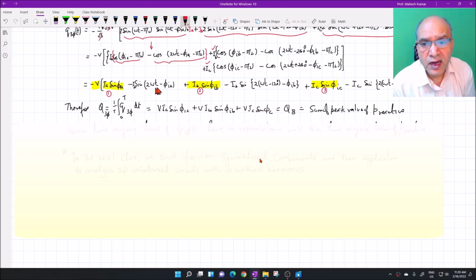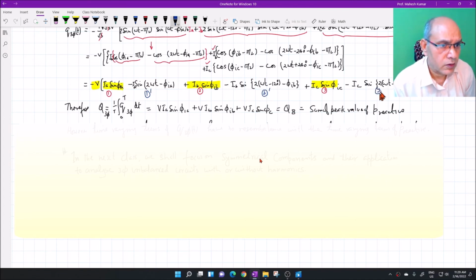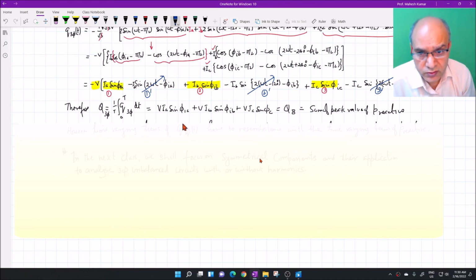The remaining are time varying terms, 1 dash, 2 dash and 3 dash. If we take the average value of this term, then these terms will go away because the average value of these components will be 0. Only the constant terms are left out.